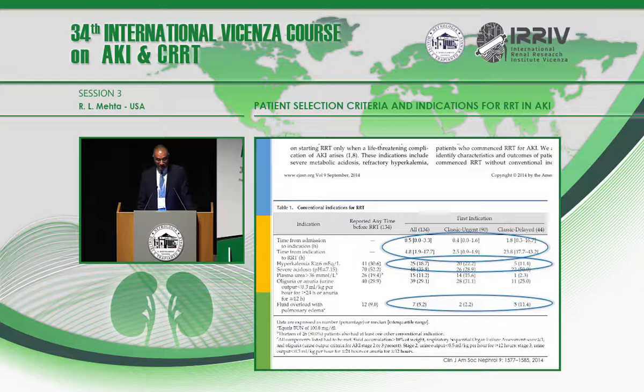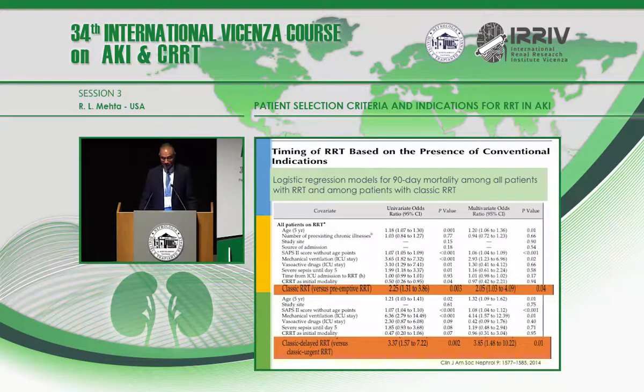Similarly, in patients who have fluid overload, there's much more fluid overload. So again, going back to the same findings from the other studies, fluid overload and metabolic acidosis become more of a dominant factor the longer you wait, whereas hyperkalemia doesn't seem to manifest the same sequence overall.